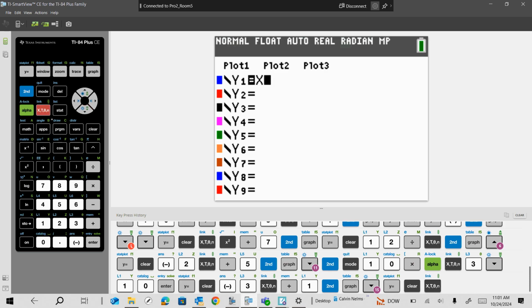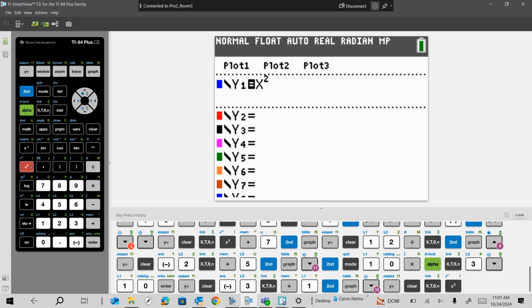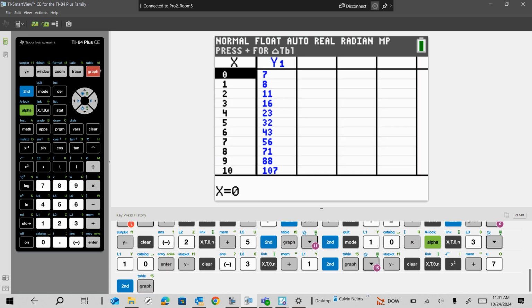You hit the x and then you have to hit the x squared over here by the 7 and the log. So we have x squared plus 7. Put that in the calculator. Now where do we go? You hit the second button, the graph button, and go down, find where x equals 3.